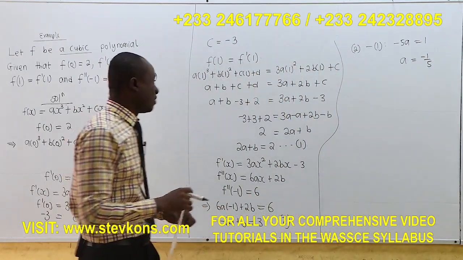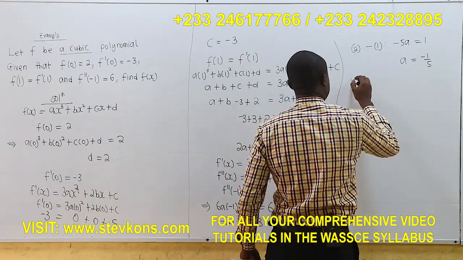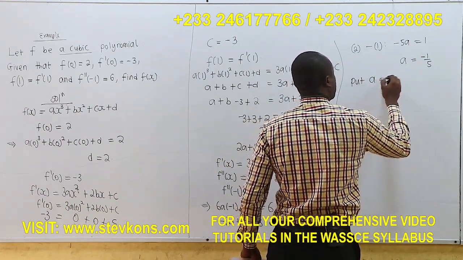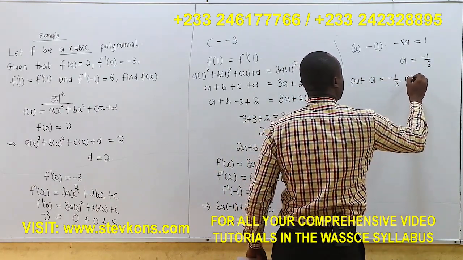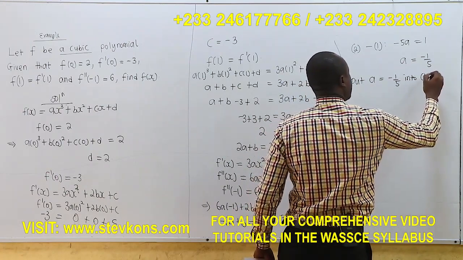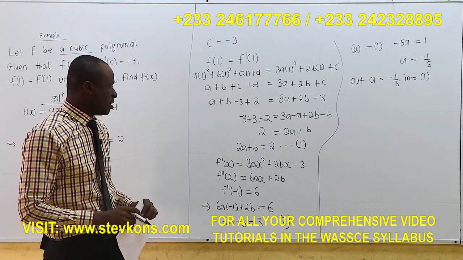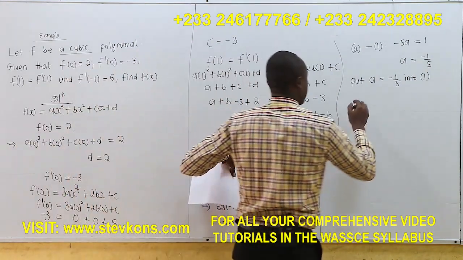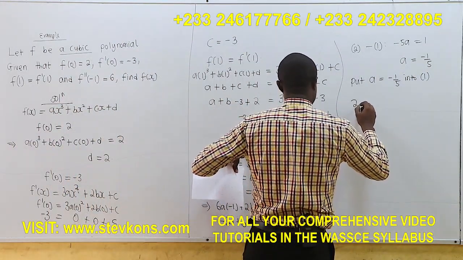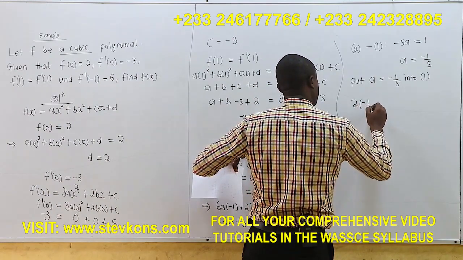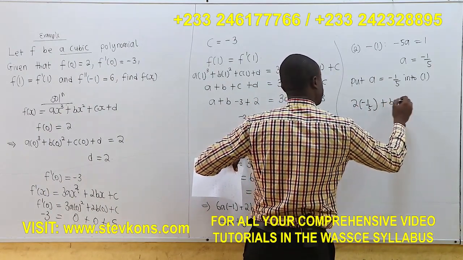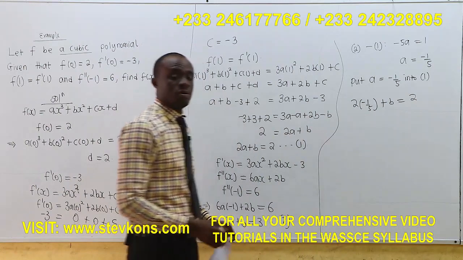So we can put a equal to negative 1 over 5 into equation 1 for the b. And clearly, what do we have here? We have 2a. But what is our a? Negative 1 over 5, plus b, and this is equal to 2.